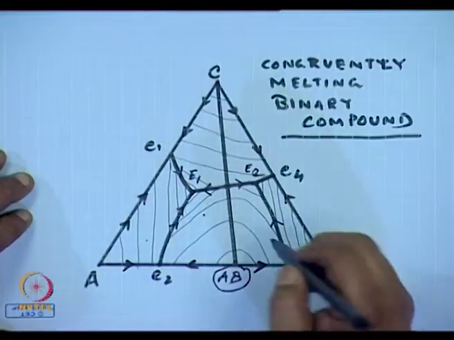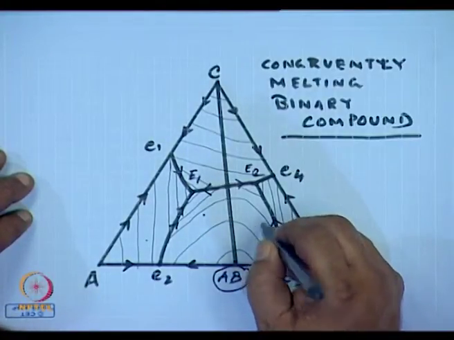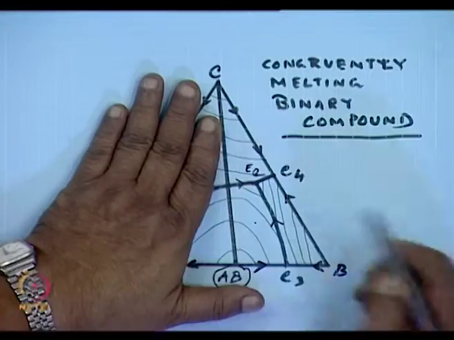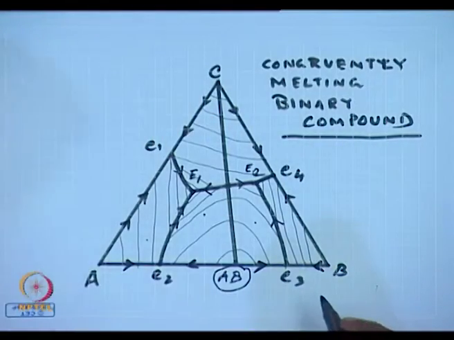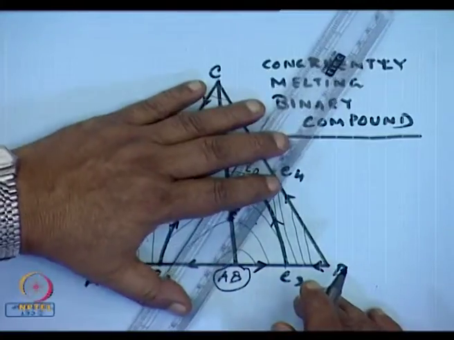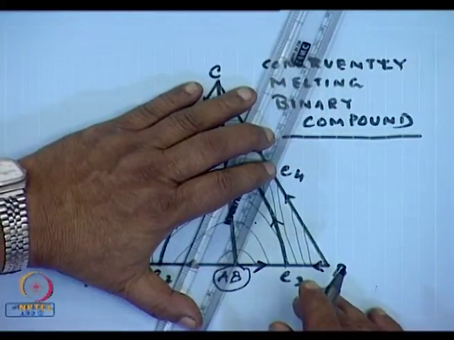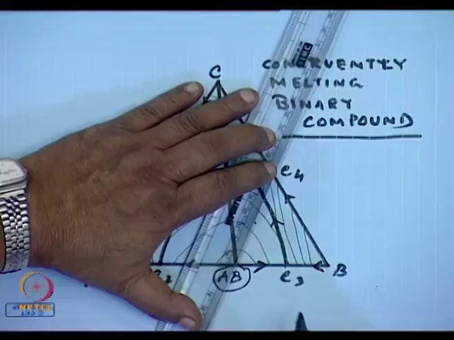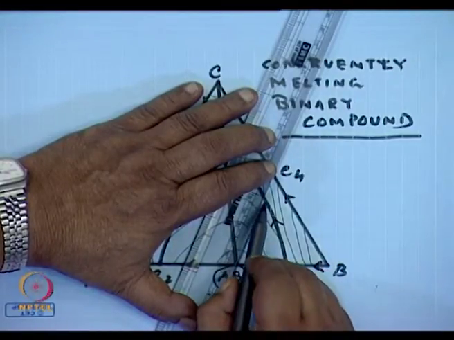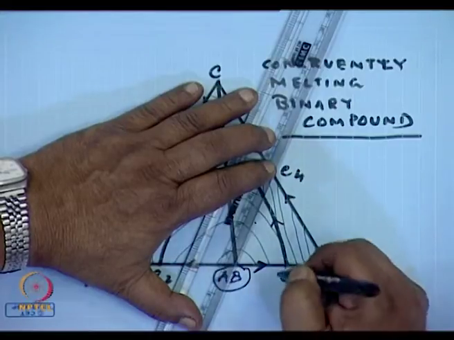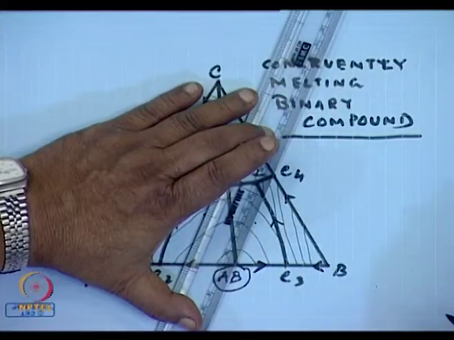While if I have got a point in this half of the triangle, because this joint separates the whole triangle, in that case I would have drawn a line starting from AB through this particular composition with which I started, which would intersect this eutectic joint E3, E2.